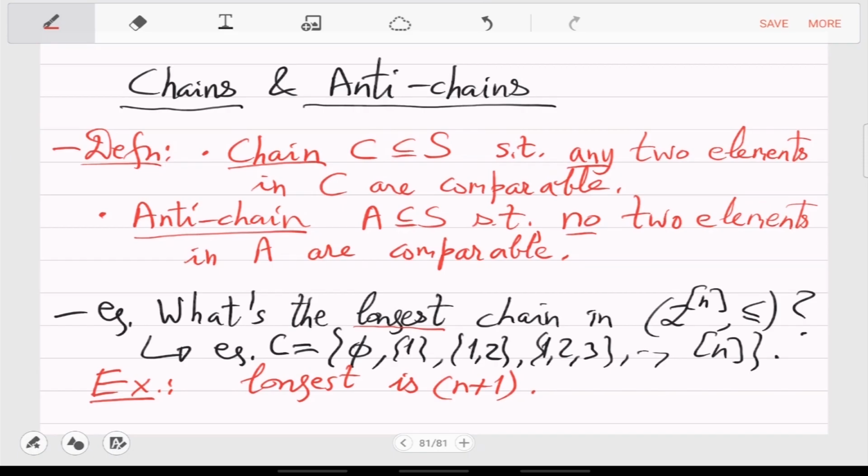What do you think is the longest anti-chain? That is when things become interesting. Okay, so what is the longest anti-chain in the power set? So you have to find maximum number of subsets such that no two compare. Sorry? So the size will be?